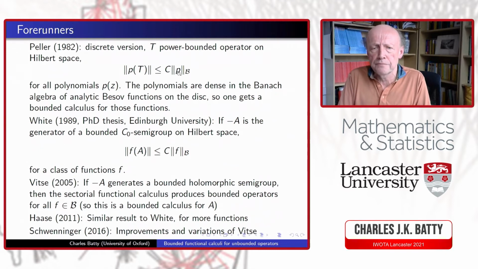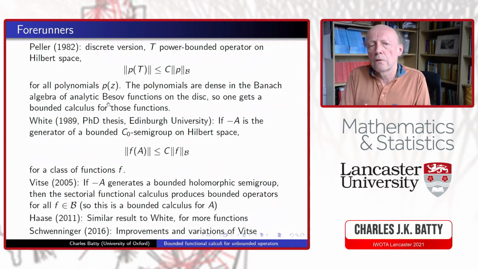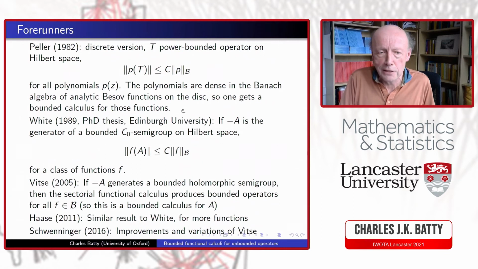Now, in that case, the polynomials are dense in the Banach algebra of analytic Besov functions on the disk. So knowing that, you can then extend it to a functional calculus on the analytic Besov functions on the disk without any difficulties.